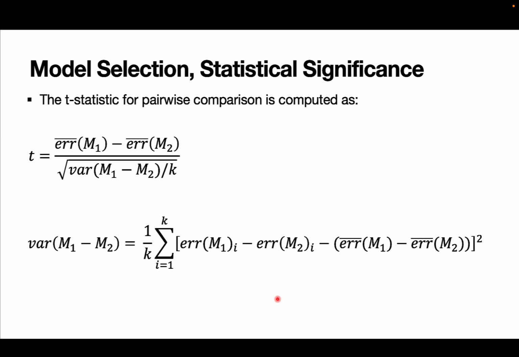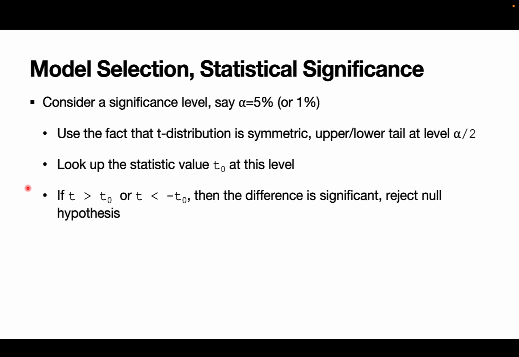To compute the t-test, we compute the t-statistic using the formula, which is the difference in mean errors between the classifiers divided by the variance. We go ahead and compare the test statistic with a critical value. It can be 1%, 5%.